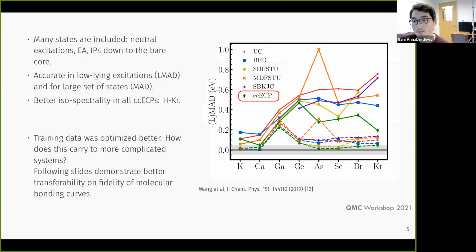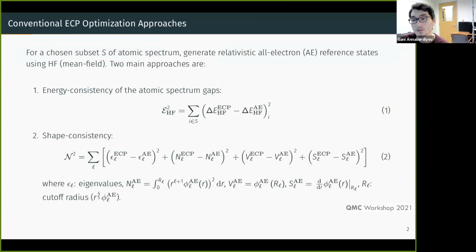In some of the cases, we included only eigenvalues, for instance. All of these are single particle quantities, so just including eigenvalues of these single particle electrons did actually improve the transferability of the ECPs.